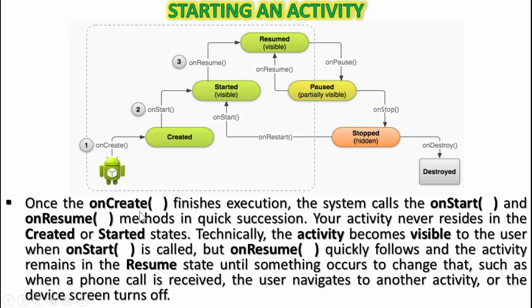On the onCreate handler or method, once the onCreate handler or method finishes the execution, the system calls the method or handler onStart. From the handler onCreate, the mobile app activity status became created, and after that it will proceed. The CPU will jump to the method handler named onStart.